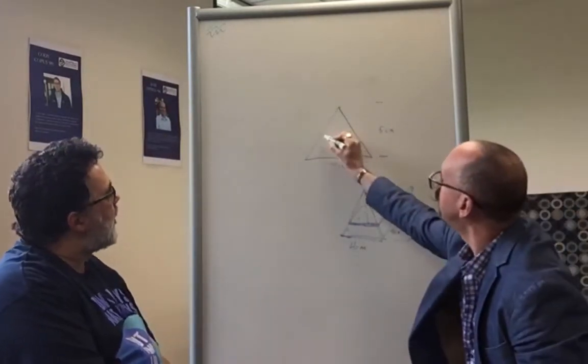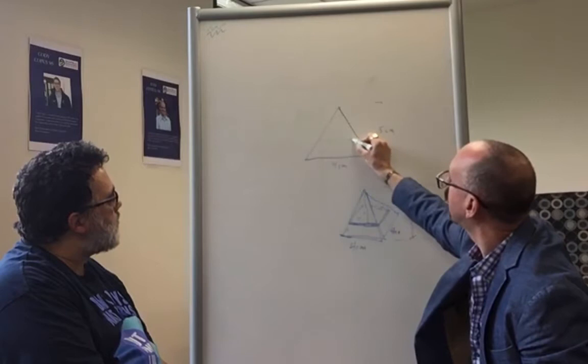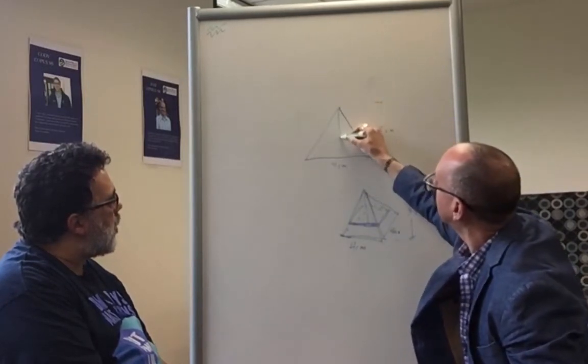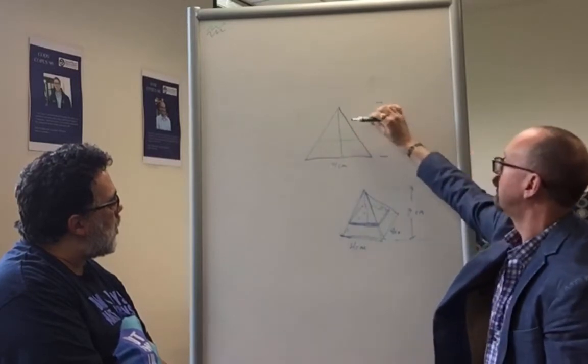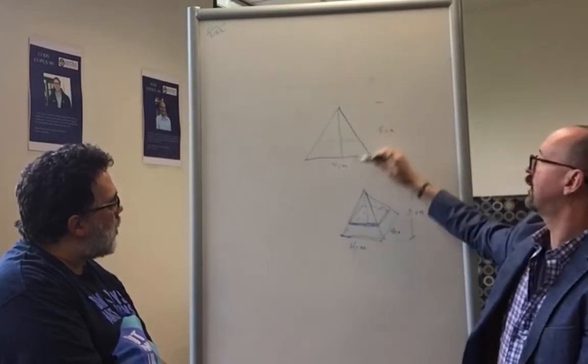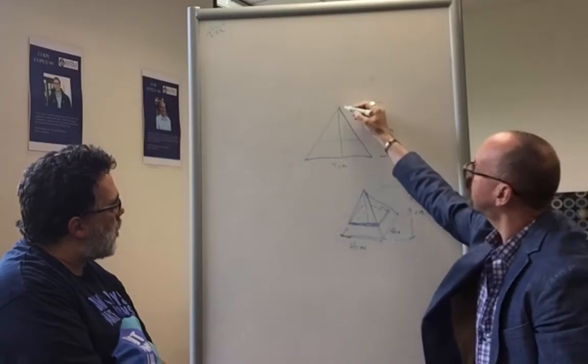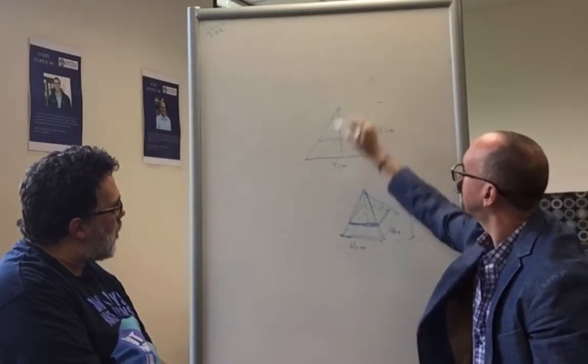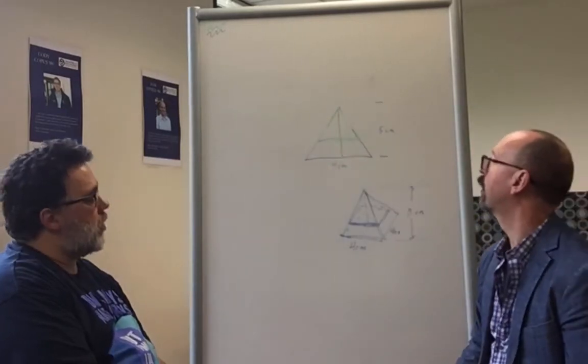Whatever particular slice we're looking at, the similar triangles we're going to end up with are this one, and then the larger, the blue one.